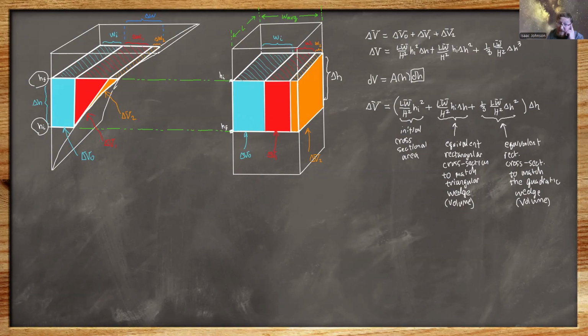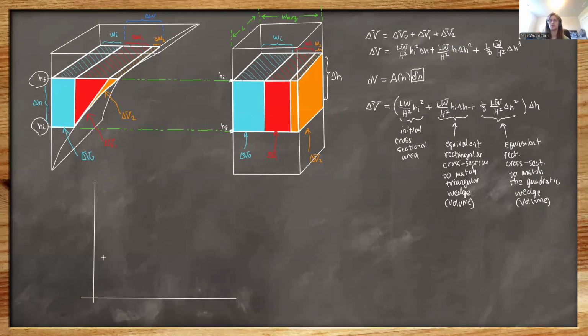But at some point, it's got to catch up. Like you're saying, Jonathan, it's got to catch up because we know they're going to end the interval at the same time. The rectangular fill rate is just going to be the average of the quadratic fill rate over that interval. I think. Yeah, that's spot on.